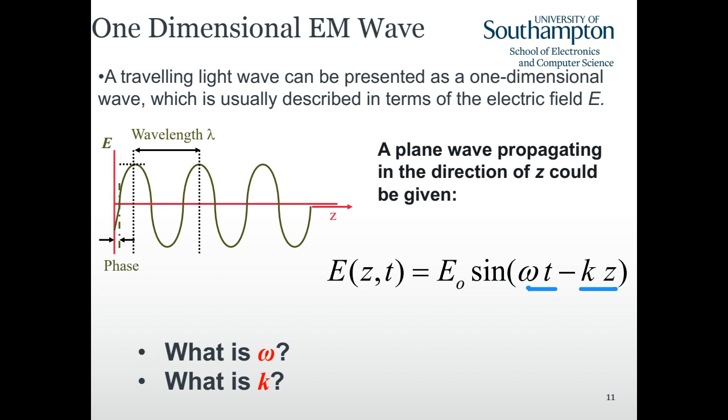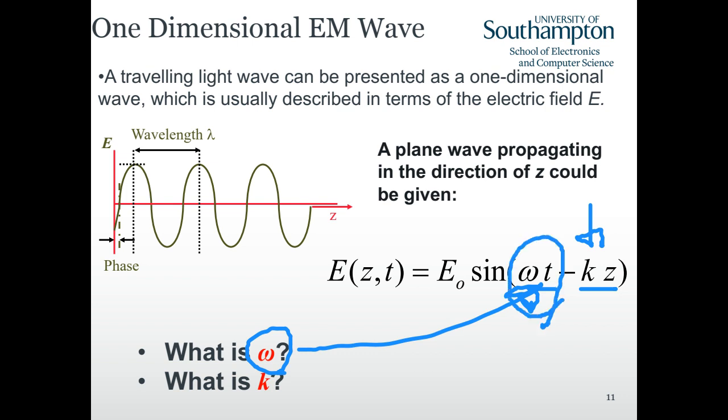So what is omega? Omega is angular frequency that tells us how fast the wave propagates over time. If the location is fixed, then we have only the propagation over time. What is K? K is a propagation constant that tells us how fast the wave propagates over distance. If time is fixed, then the wave would propagate only over distance.